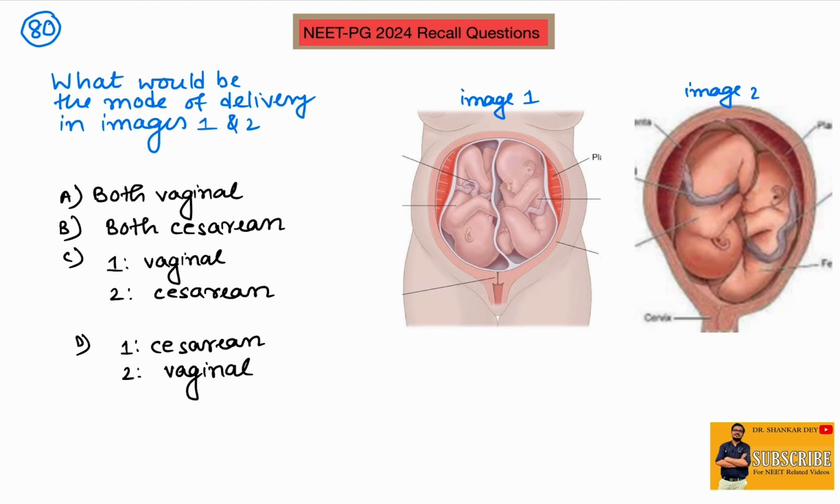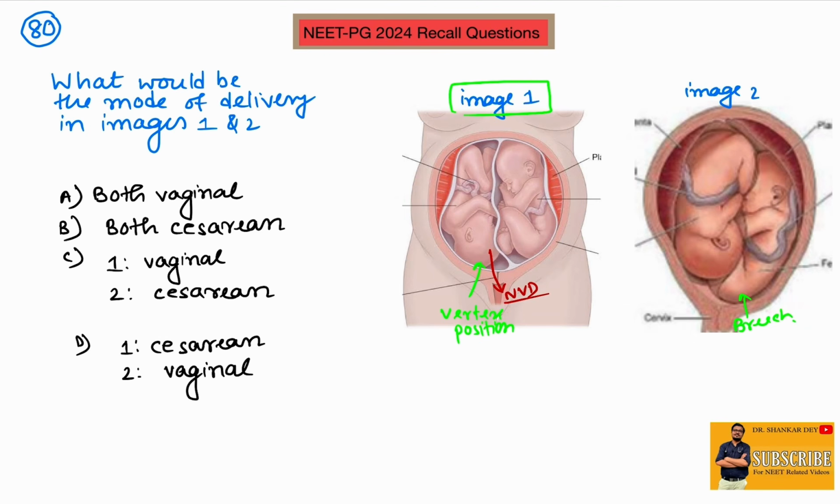In the first image, you can see the twin babies, and the first baby is in vertex position, right? Vertex. And the second baby is breech. So it is breech position. So for the mode of delivery, for image 1, with the first baby vertex, it should be NVD, vaginal delivery.